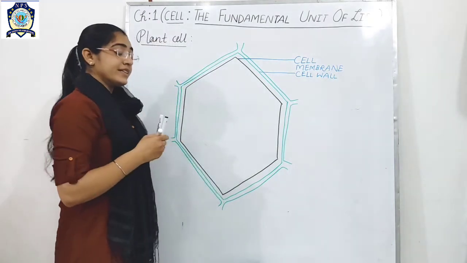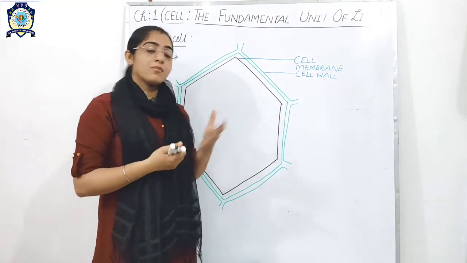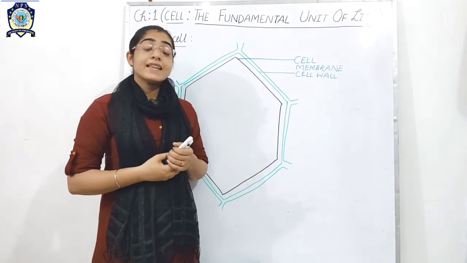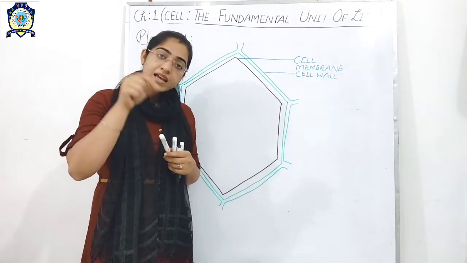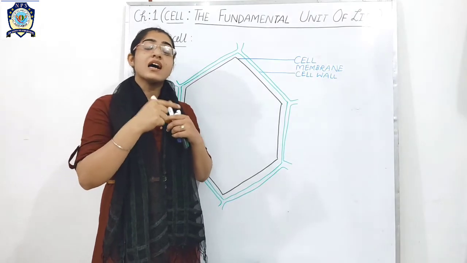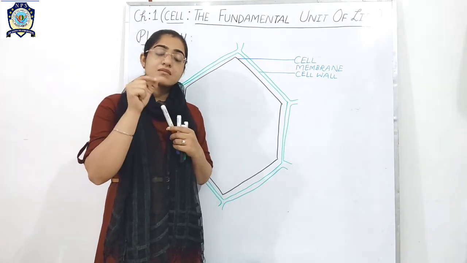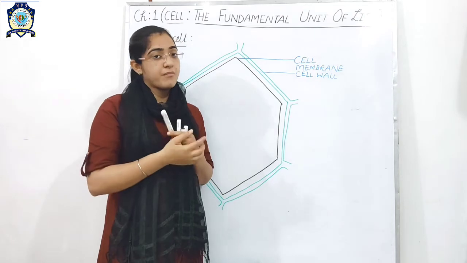So dear student, what is the cell wall? If we talk about the nature of the cell wall, in the case of a plant cell, the cell wall is present outer to the plasma lemma or the plasma membrane.